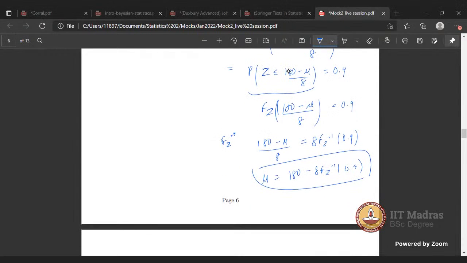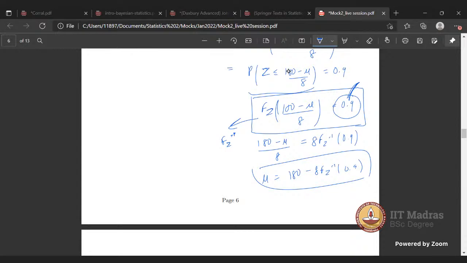If you have to calculate the exact value, then you should look for what value of z will give you the probability 0.9, from the table. After this step you should look for what value of z will give you 0.9.